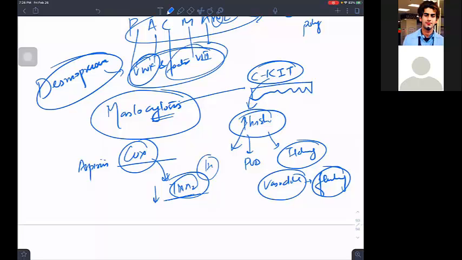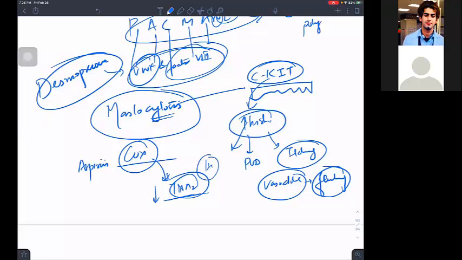Okay, can you tell us a disease where von Willebrand factor is deficient? Deficiency of von Willebrand factor is von Willebrand disease, that's a very nice answer.